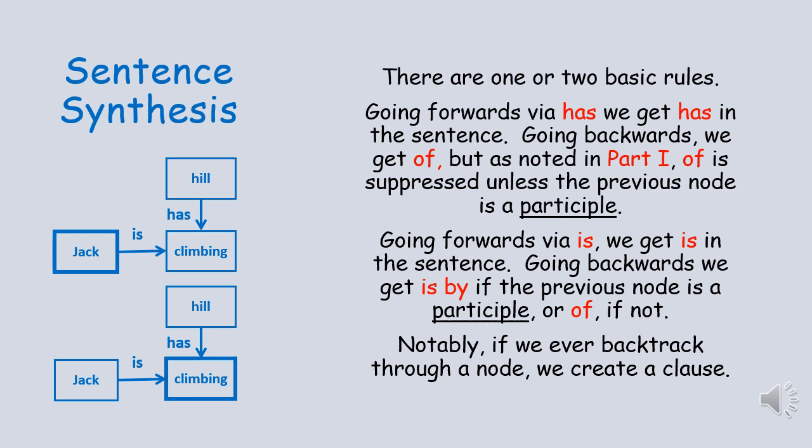Again, going forwards via is, we get is in the synthesized sentence. Going backwards, we get is by if the previous node is a participle, or of if not. Notably, if we ever backtrack through a node, we create a clause in the sentence.